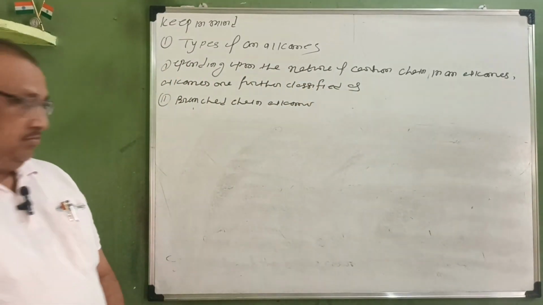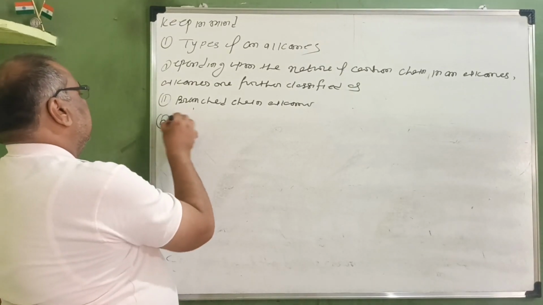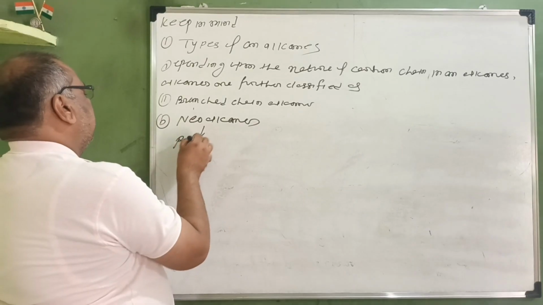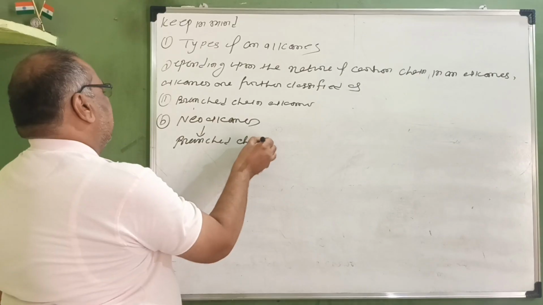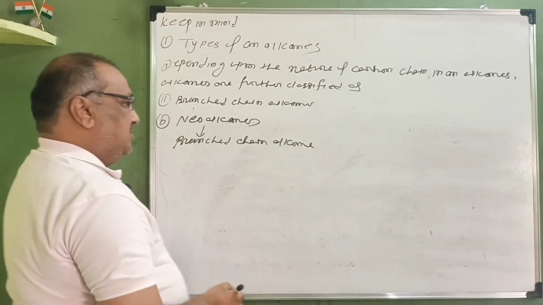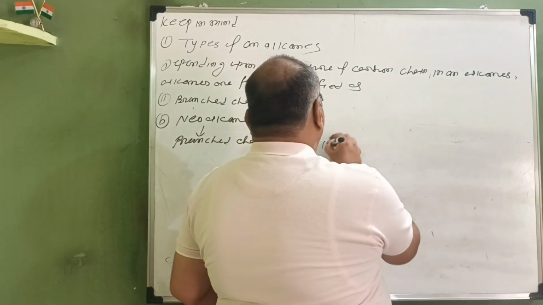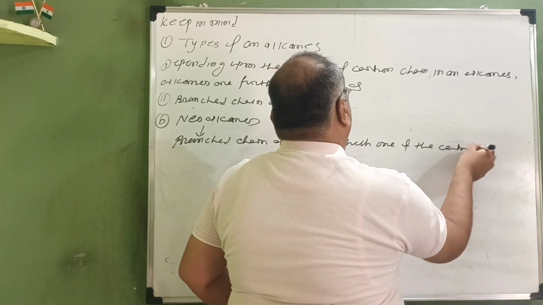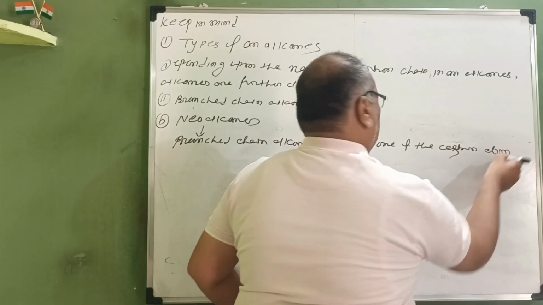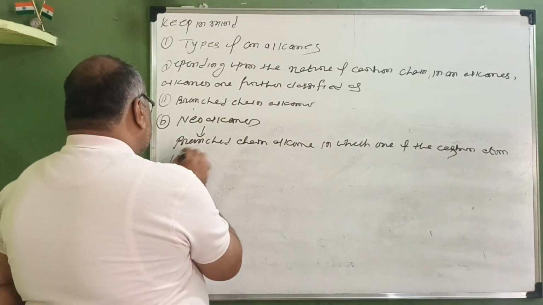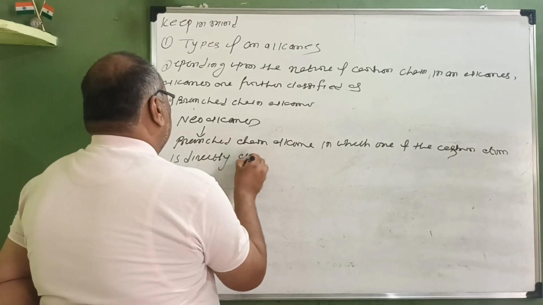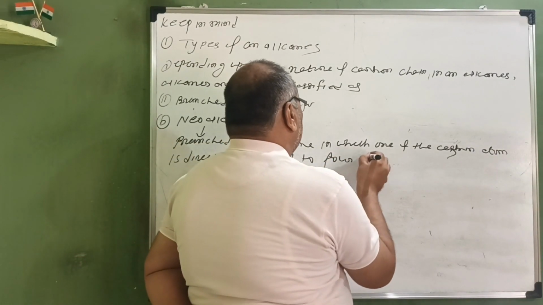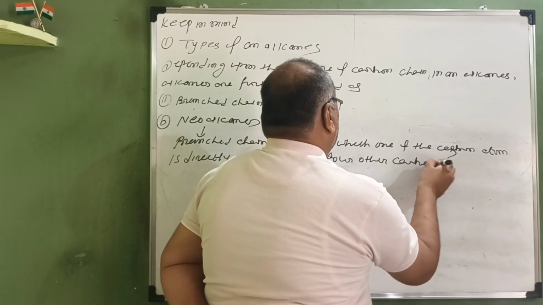neoalkane: branch chain alkanes in which one of the carbon atoms is directly attached to four other carbon atoms.